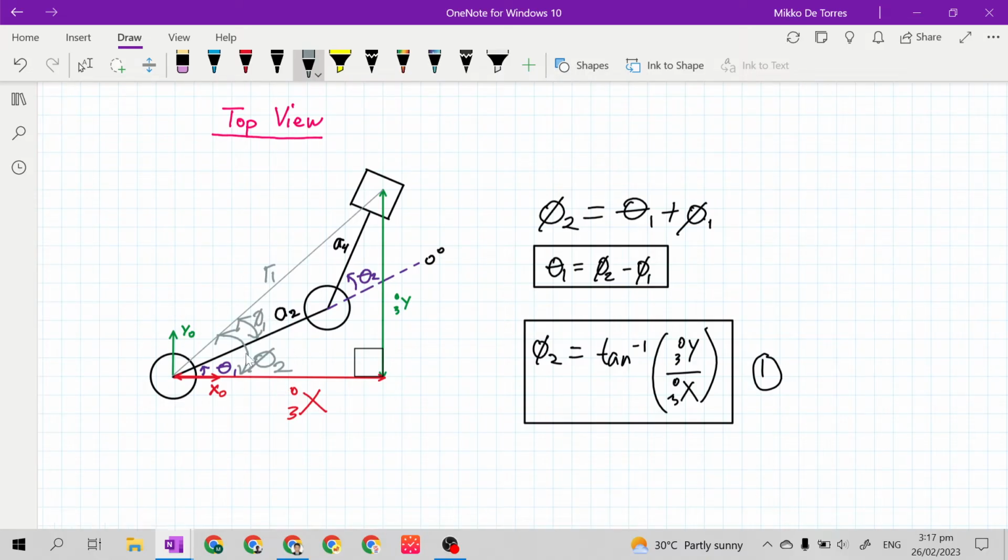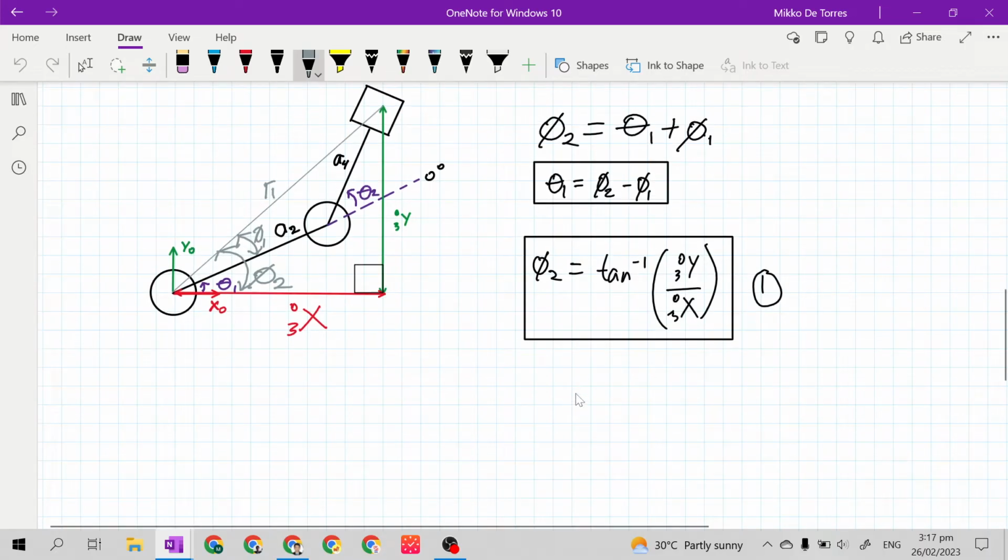So phi 1 is inside another triangle, and this is not a right triangle.